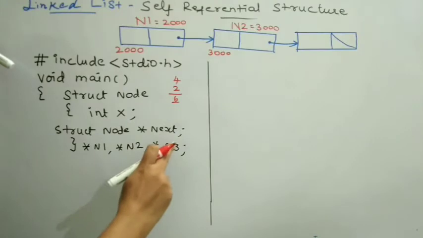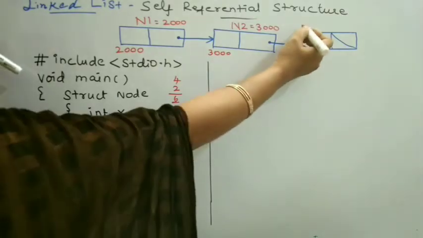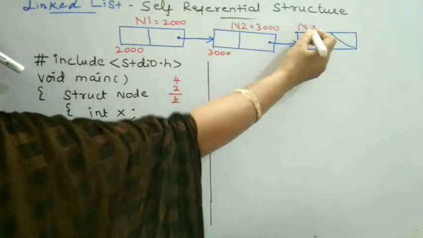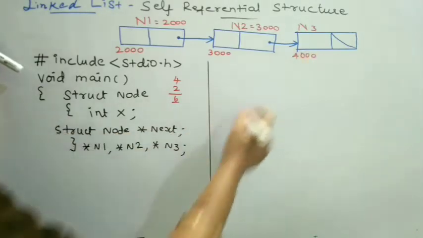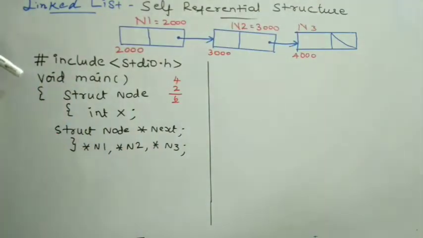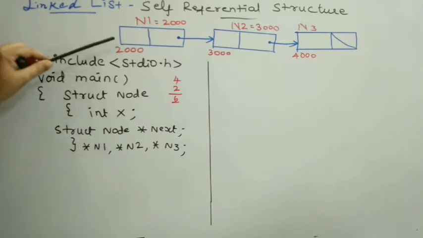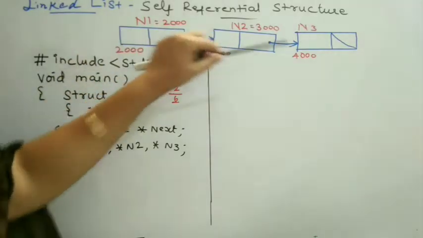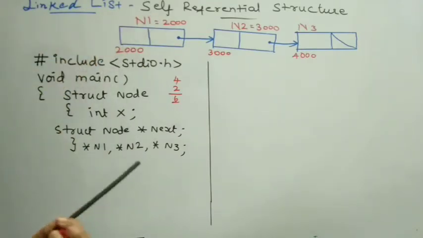Then, when the compiler compiles the declaration for pointer variable n3, it allocates memory starting from memory address 4000, and 4000 will be assigned to n3. For each and every structure, it reserves 6 bytes of memory, and the starting memory address will be assigned to the pointer variable.